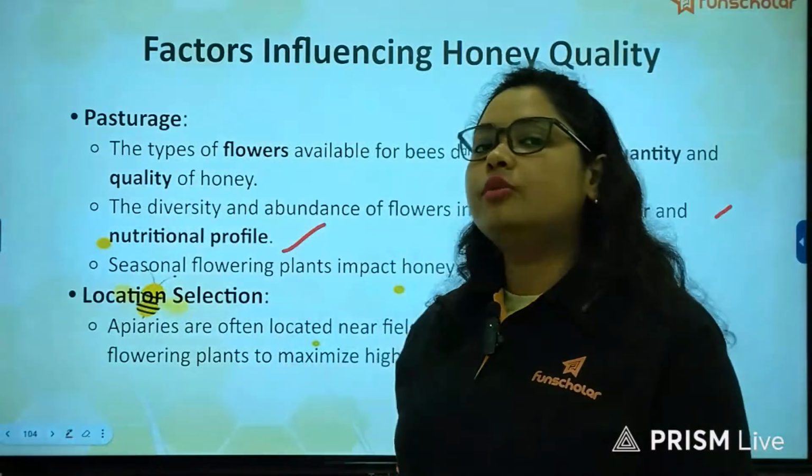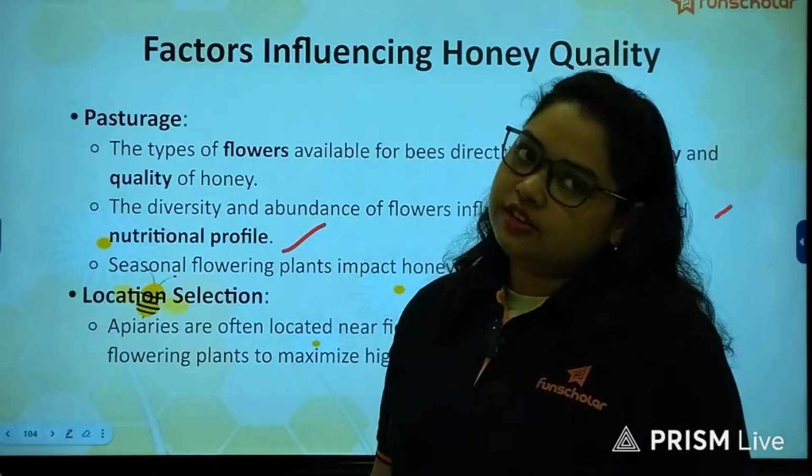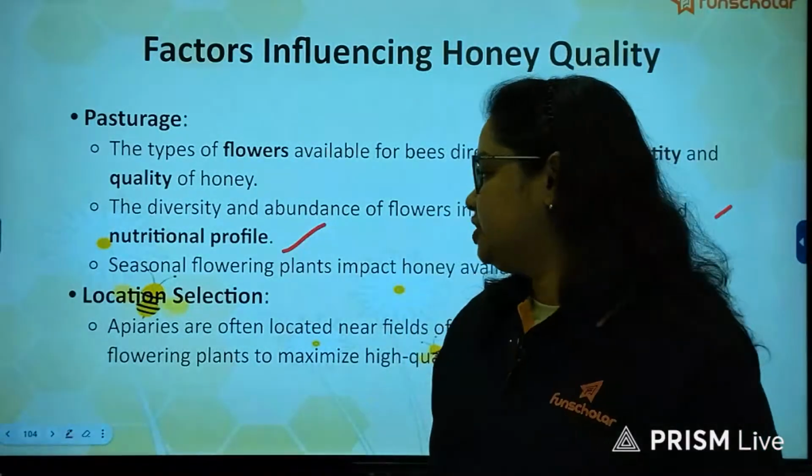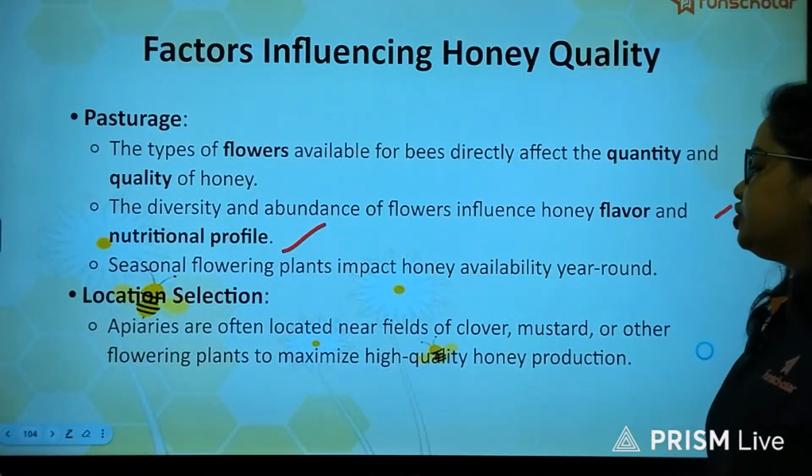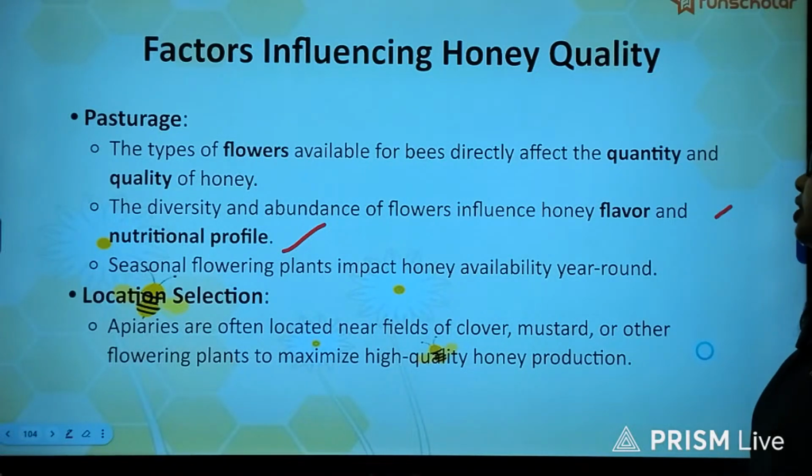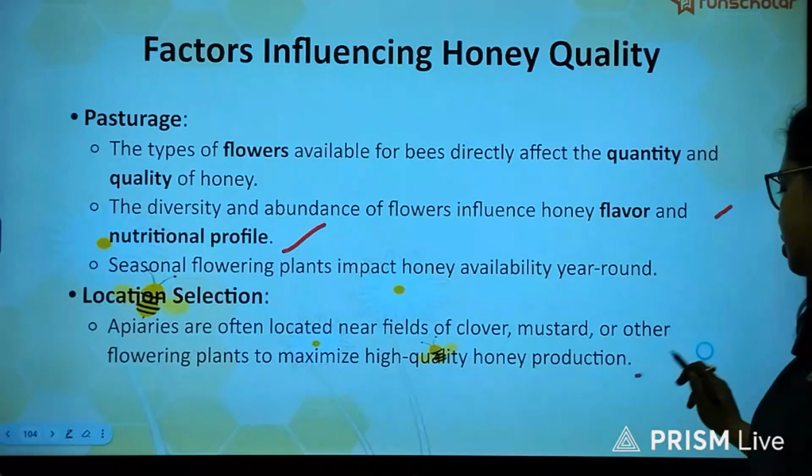Material, and for them the raw material is the nectar collected from a particular flower species. Location selection. Apiaries are often located near fields of clover, mustard or other flowering plants to maximize high quality honey production.